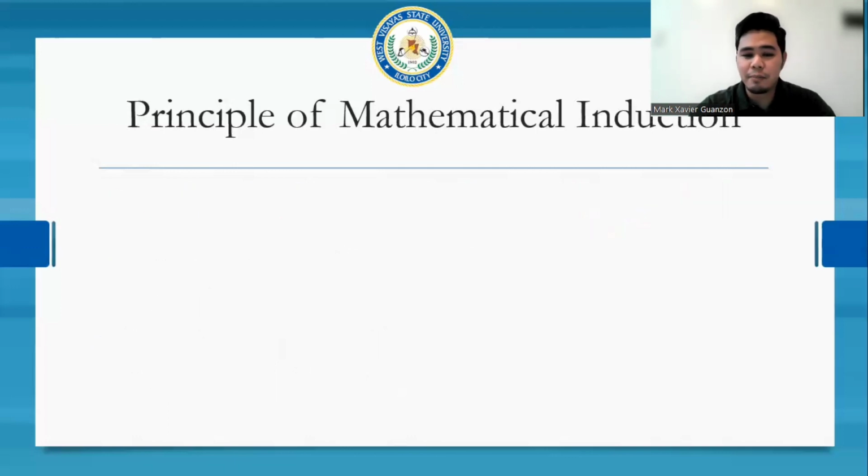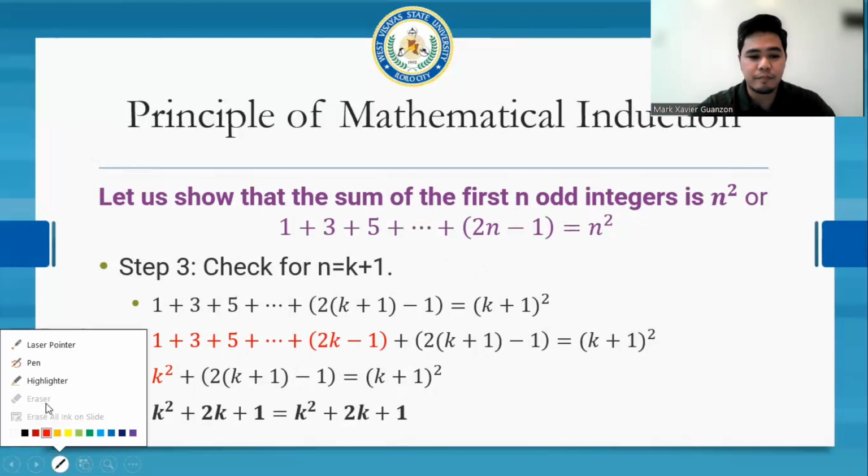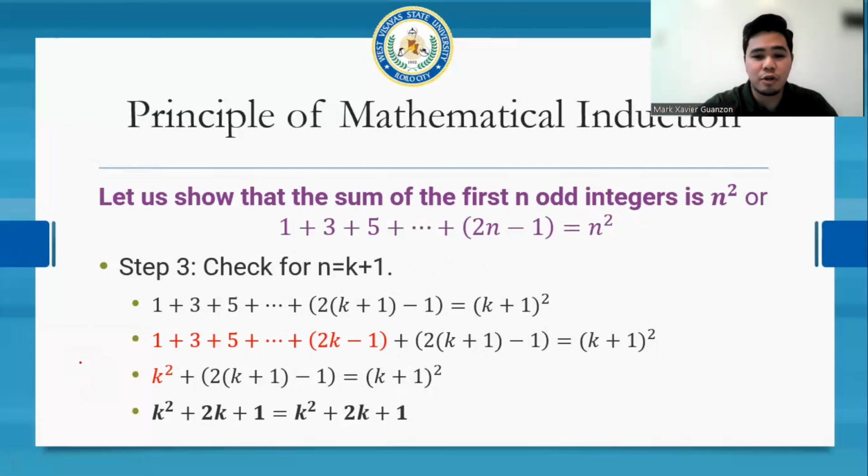Now, after coming up with that particular assumption, we need to check for n equals k plus 1. You can see right here in our process, the left-hand side of the equation, we have here 1 plus 3 plus 5 and so on and so forth.